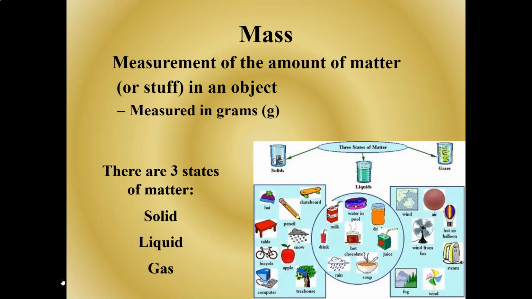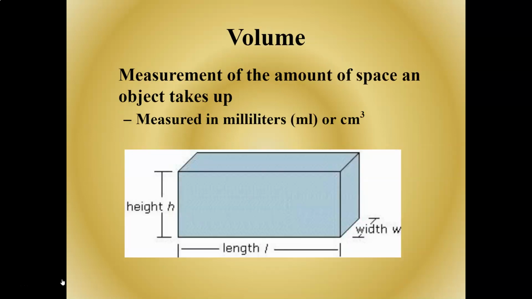There are three different states of matter, which I'm sure you are aware: solids, liquids, and gases, and we're going to talk a little bit about their densities later on in the slideshow. So volume, being the amount of space an object takes up, can be measured in two ways.